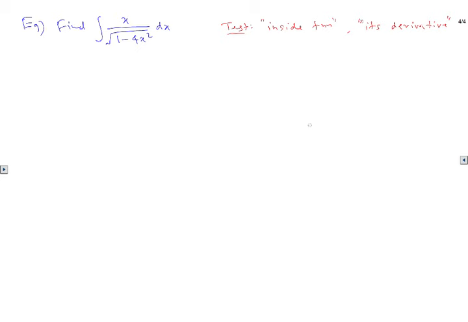That's the kind of test you do. You check whether the inside function is there. Yes, that's the inside function. What's the derivative? 8x. 8 is a number, and we can always manipulate the number, but you have to have x there. Do you see both? Yes, the inside function is there, and its derivative is up there. So this is a good candidate for the substitution method.